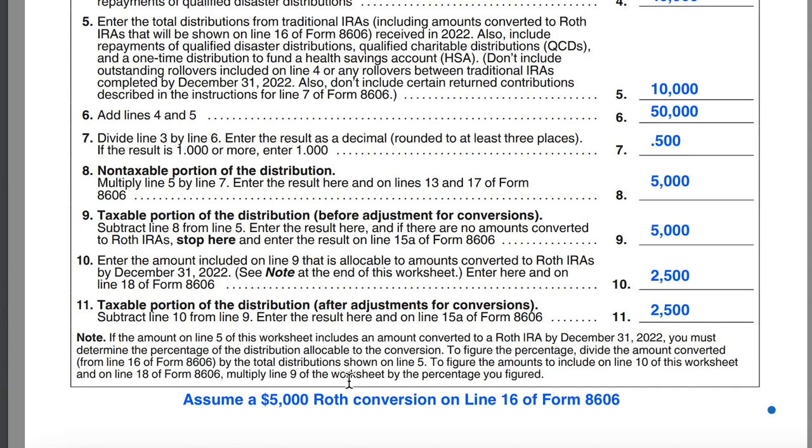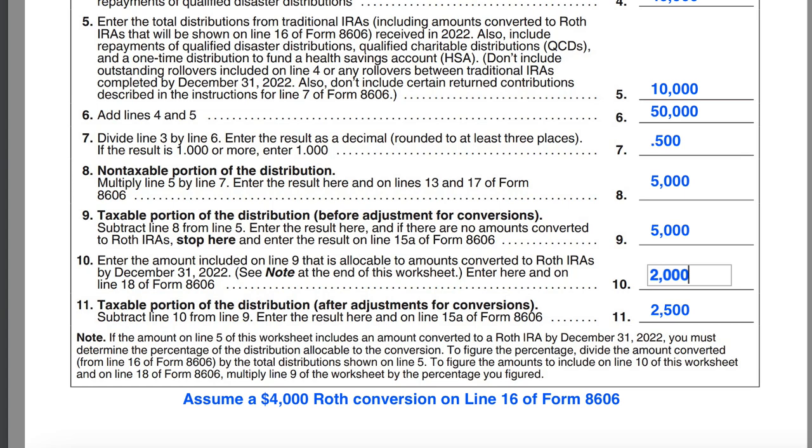Let's go ahead and come up with a different number for the Roth conversion amount. Let's say that this was a $4,000 Roth conversion. So now we divide the $4,000 by the $10,000 in line 9. We come up with a percentage that's 40%. So now we're going to take 40% of this $5,000, and that would be $2,000.